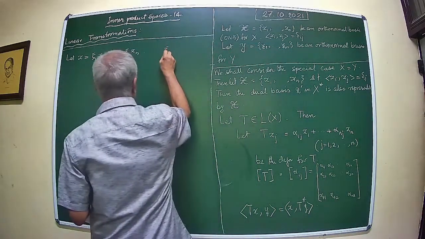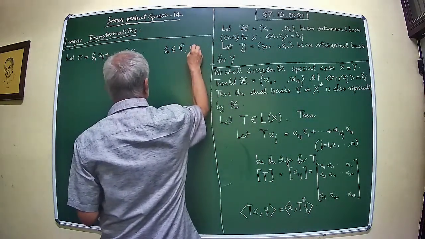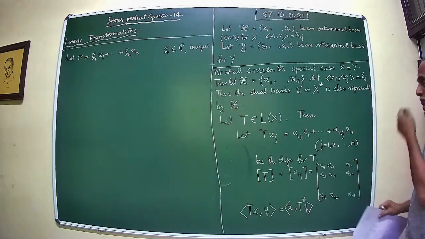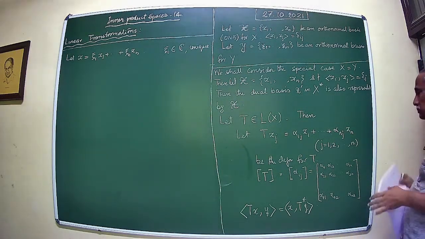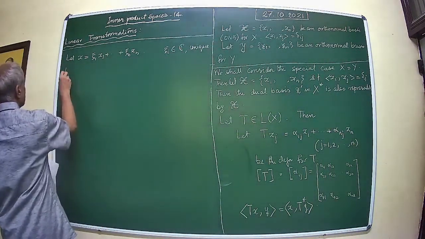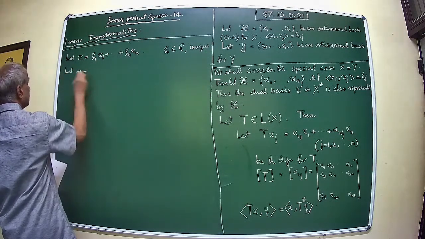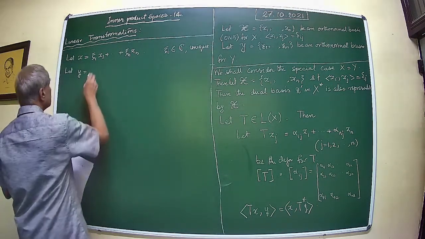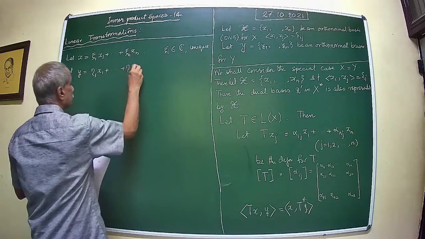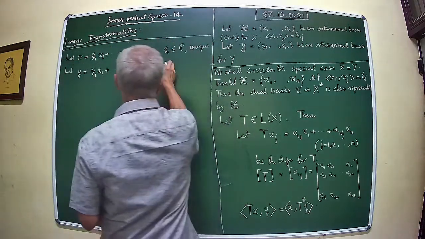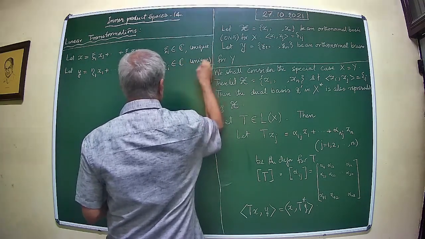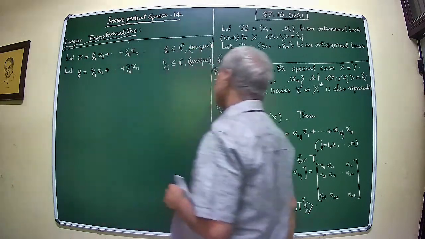So this is the unique representation that you have. Okay? And these are all uniquely determined.